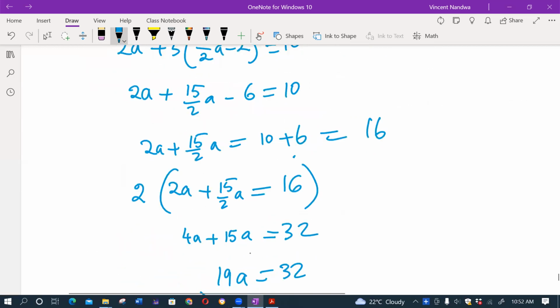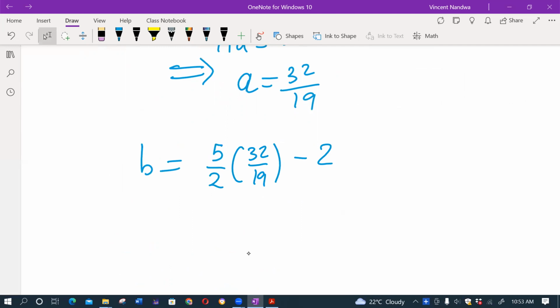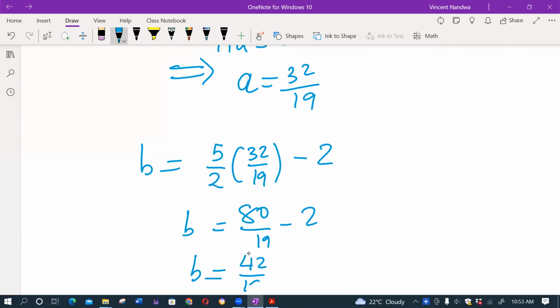And then b equals 5 over 2 times a, which is 32 over 19, I subtract 2. So 5 over 2 times 32 over 19 gives me 80 over 19 minus 2, which gives me 42 over 19.